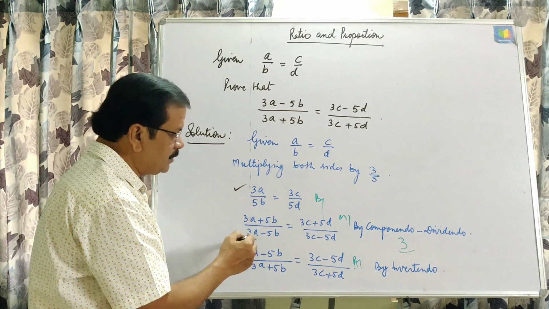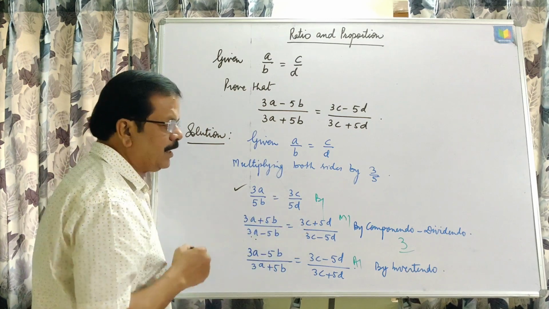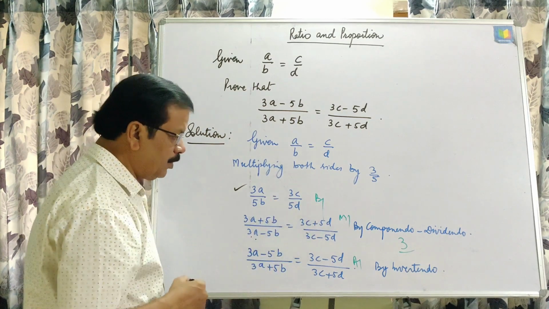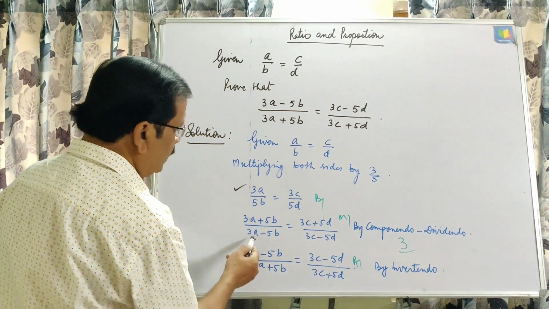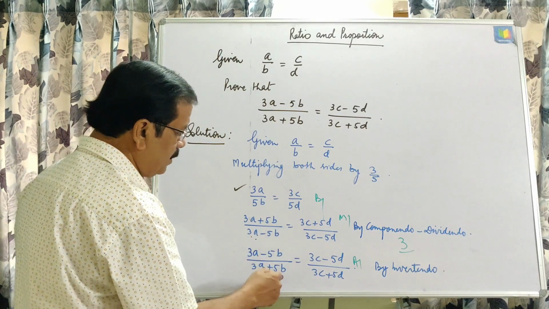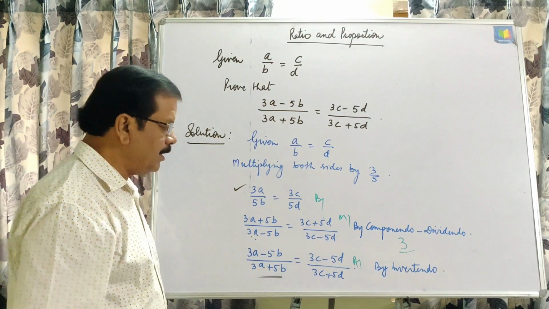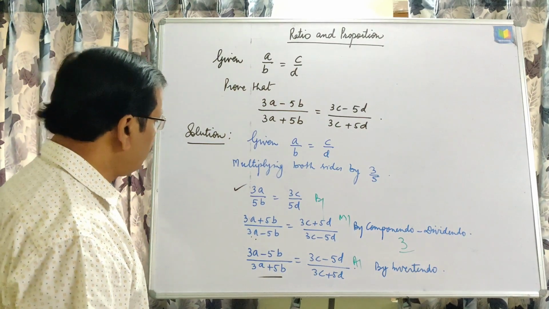We will write this first, okay, and then 3C plus 5D upon 3C minus 5D. This is componendo dividendo. Then by invertendo, that is we will write conversely here, the reverse way, 3A minus 5B upon 3A plus 5B is equal to 3C minus 5D upon 3C plus 5D.